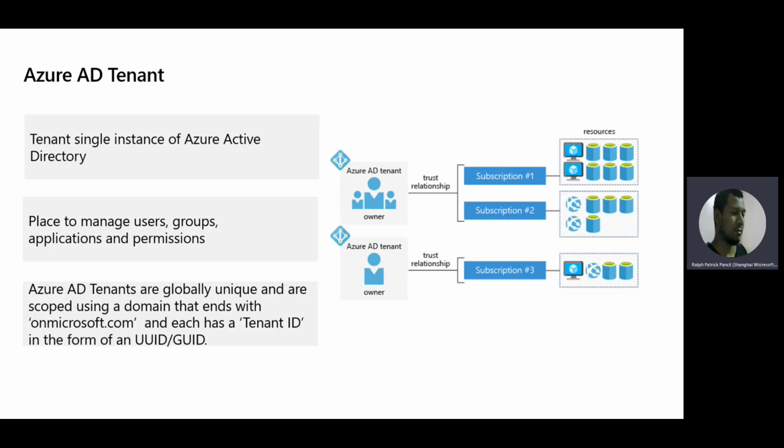So that's what a tenant means, right? An Azure AD Tenant provides a single place to manage your users, groups, permissions, applications, and so on and so forth. Underneath this is Azure Active Directory, which can be used to manage permissions for Office 365, Dynamics 365, and even for Azure.